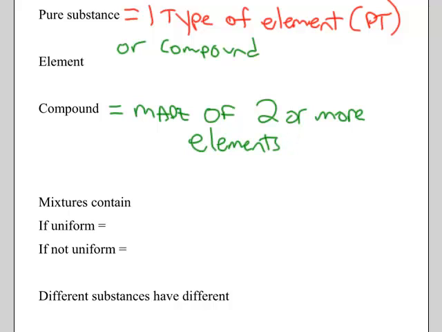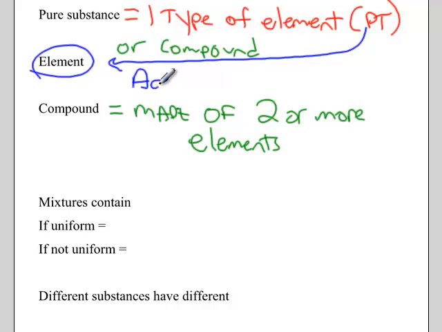So it's easier to see with some examples. On the periodic table, you have the list of all of the elements. So you'll see something like capital A, lowercase g, which is the abbreviation for silver. So if you had a sample that was pure silver, that would be a pure substance, and you could also call it just an element.